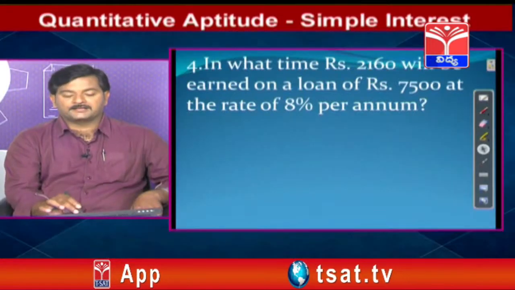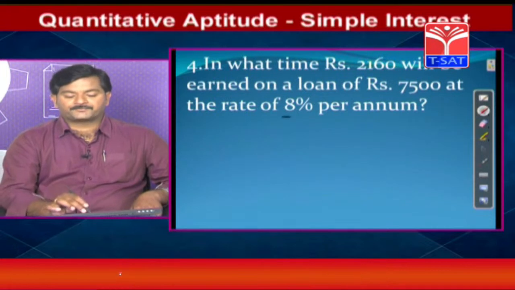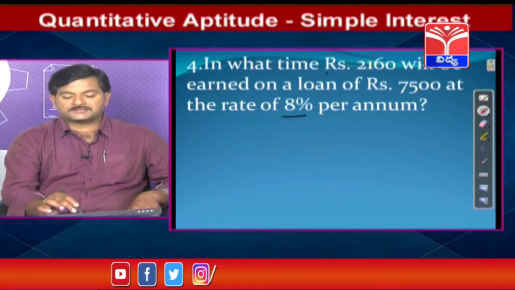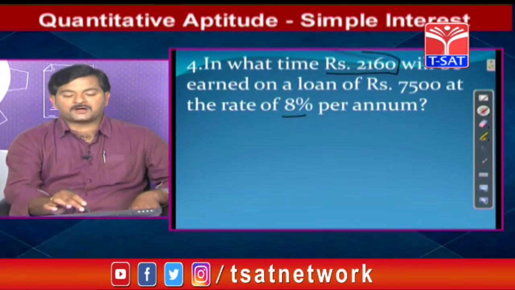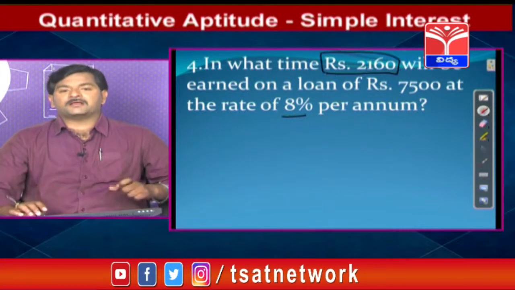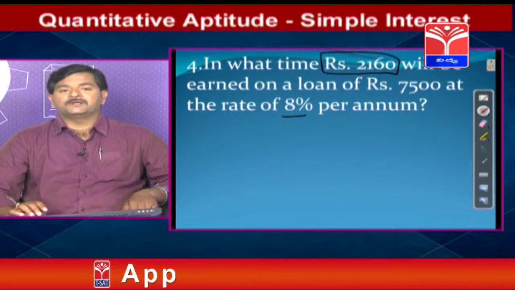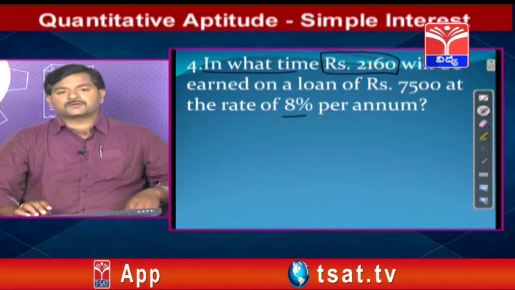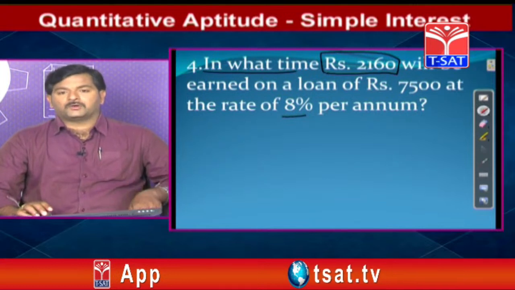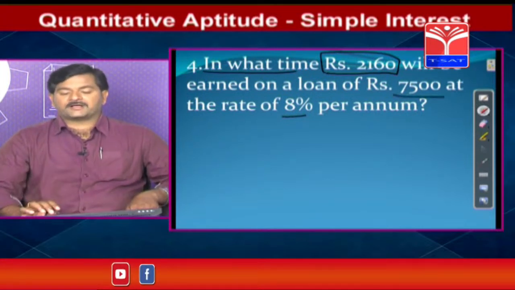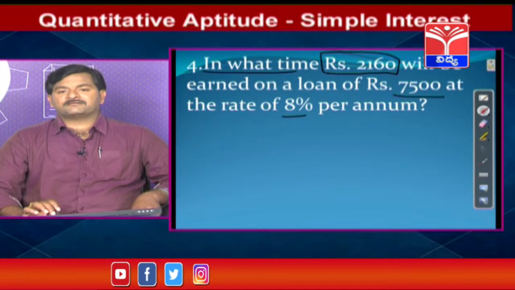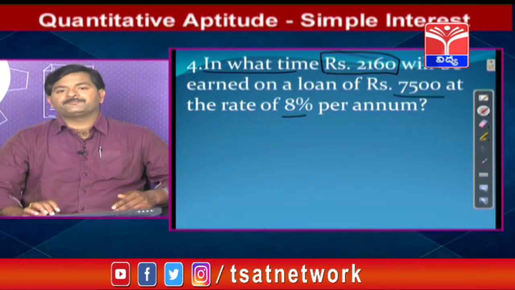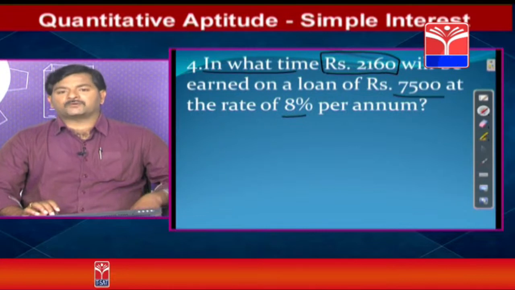So clearly he has given the R value. How much has he given? 8%. And this one, tell me whether it is P value or I value. It is very clear, I value. In what time means we have to find out the time. Will be earned on a loan of rupees, how much given? 7500. So P value is 7500, R value is 8%, then interest is also given, 2160.